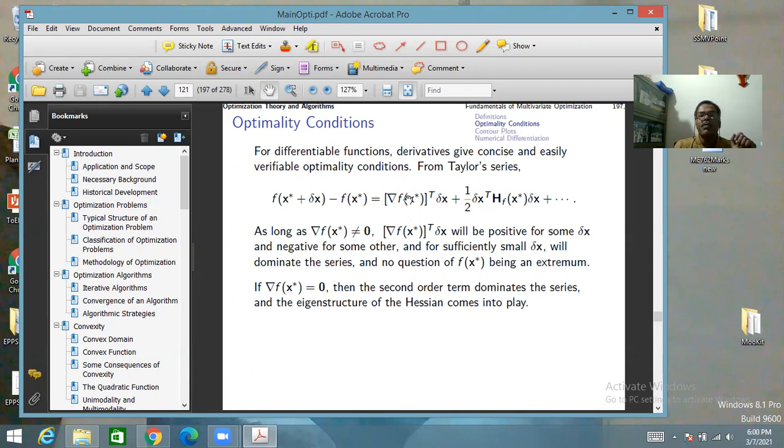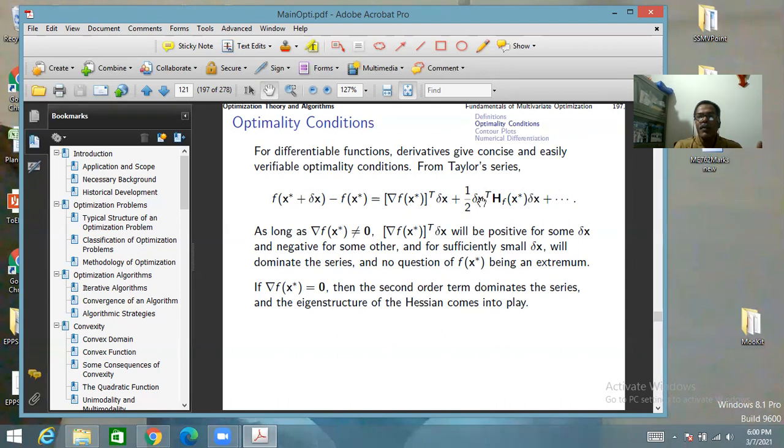Now, if this entire gradient is zero, del f by del x1, del f by del x2, all of them are individually zero, then this term vanishes. The moment this term vanishes, the series will be dominated by the second order term. And the good thing about the second order term is that its sign can be one way, because there is one delta x on this side and another delta x on that side.